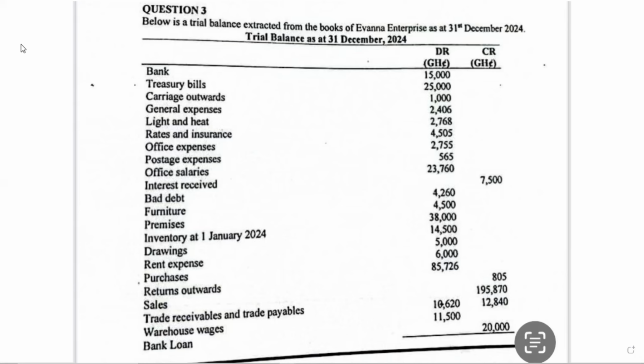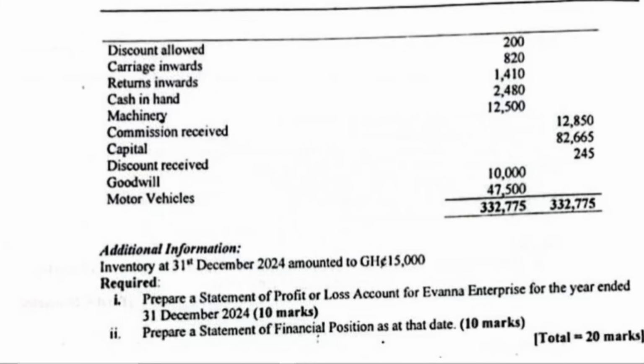Warehouse wages 11,500, bank loan 20,000, discount allowed 200, carriage inwards 820, return inwards 1,410, cash in hand 2,480, machinery 12,500, commission received 12,850, capital 82,665, discount received 245, goodwill 10,000, motor vehicles 47,500. That is the trial balance and it's balancing.